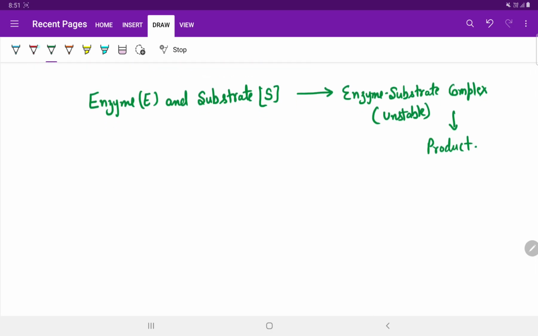So the equation can be written as enzyme plus substrate.